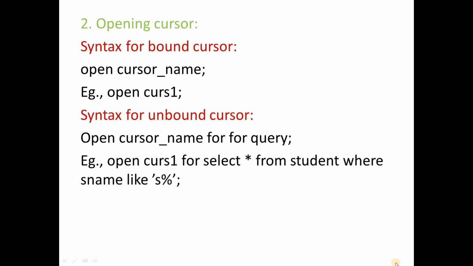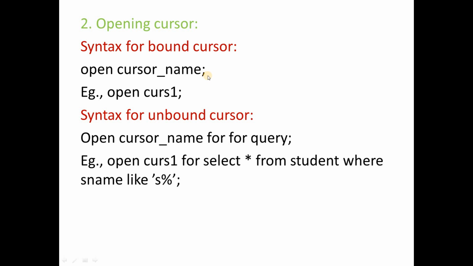After you declare a cursor variable, the next phase is to open that cursor variable, opening the cursor. Whenever we want to open a bound cursor, we only have to use the open keyword and then your cursor name, which cursor you have to open.